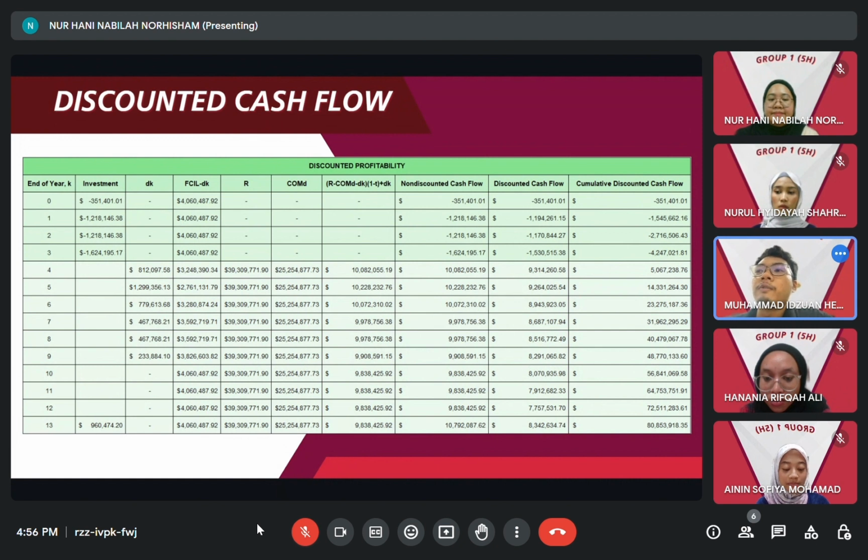Okay, for the discounted cash flow, from non-discounted cash flow, we use the 2% of discount factor to calculate the discounted cash flow. Therefore, we can obtain the new cumulative cash flow, which is the cumulative discounted cash flow.